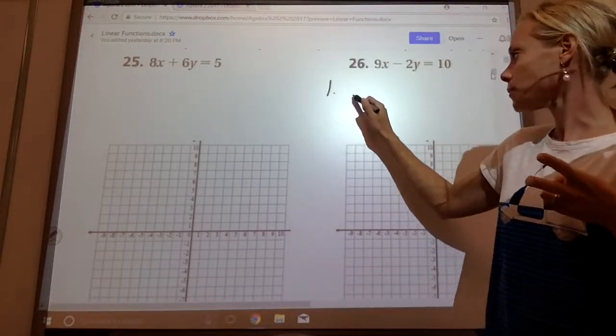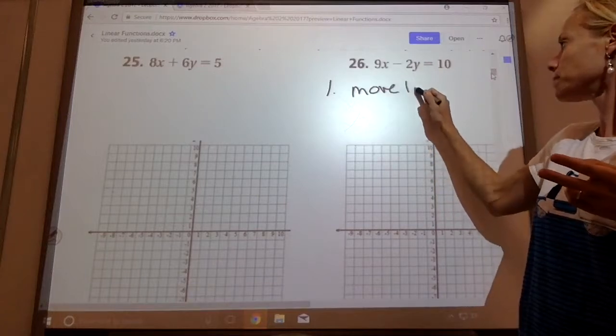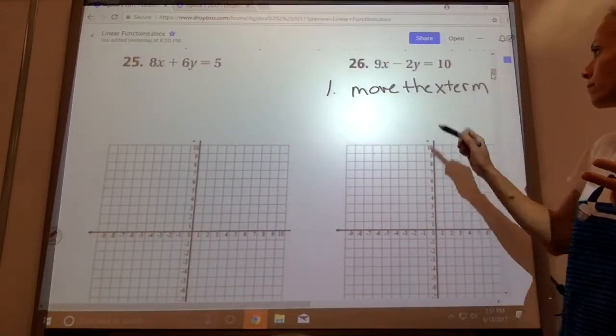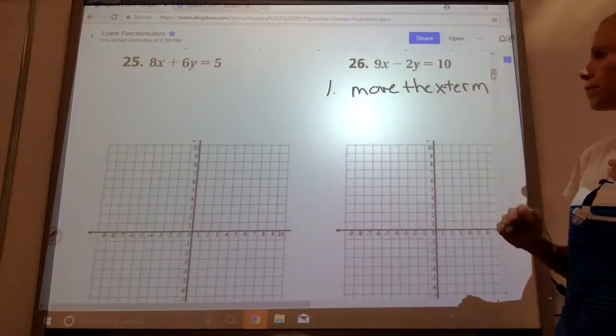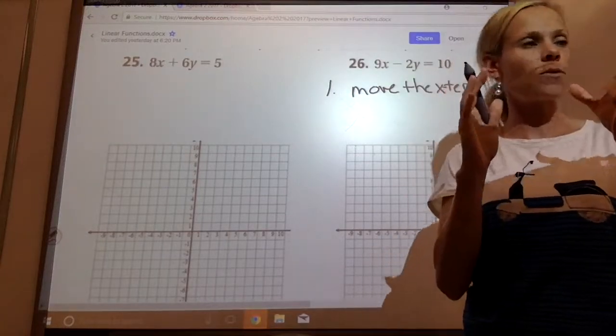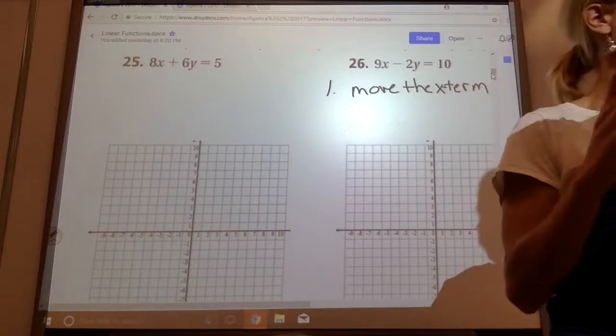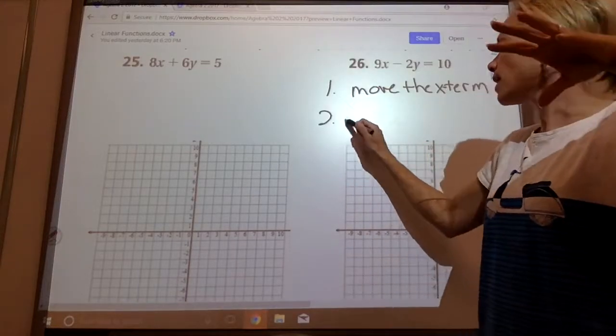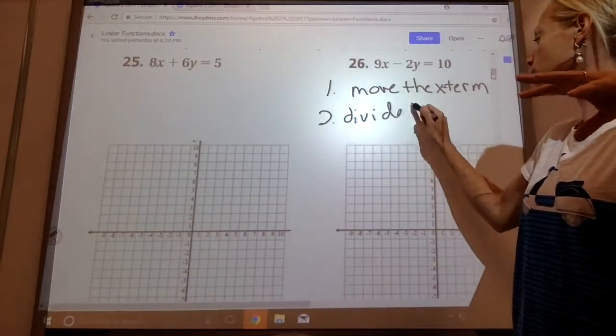Step 1, you move the x term. That's step 1. Whenever you have standard form, not all the time, most of the time, the first thing is going to be move the x term to the other side, and then divide by the number in front of y.